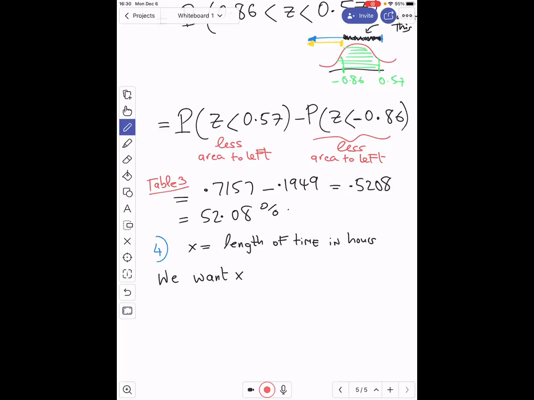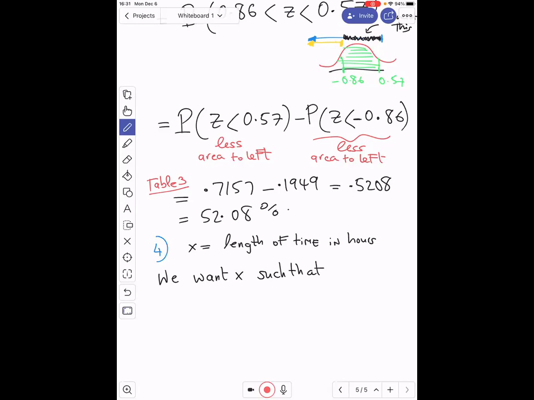And then it says how many hours it takes for a student to write a term paper at a probability of 95%. So we want x such that the probability is 95%. Remember, guys, that the area to the left is exactly the probability that x is less than some value, right?